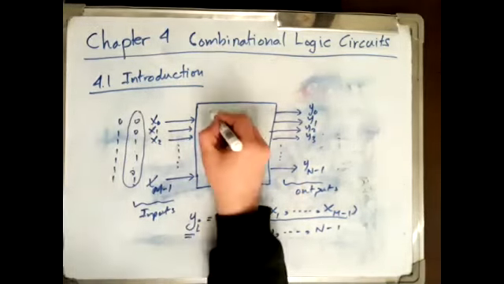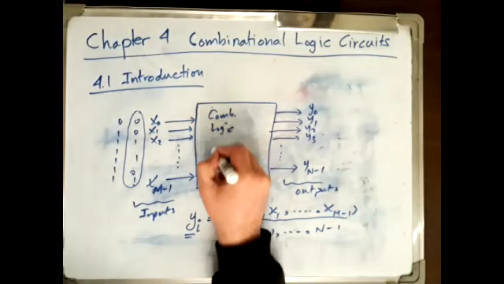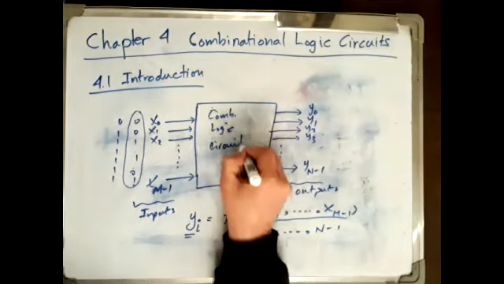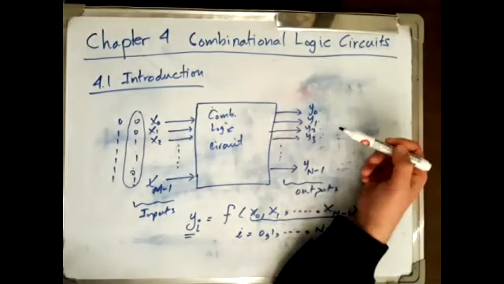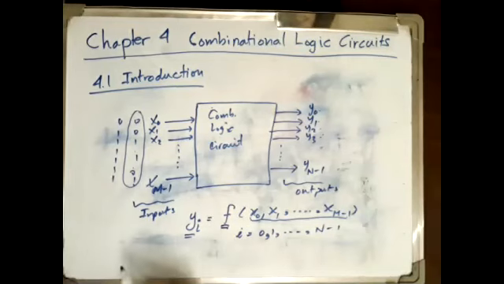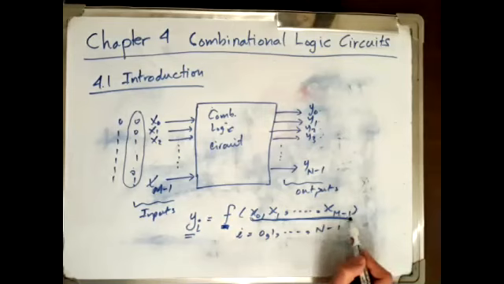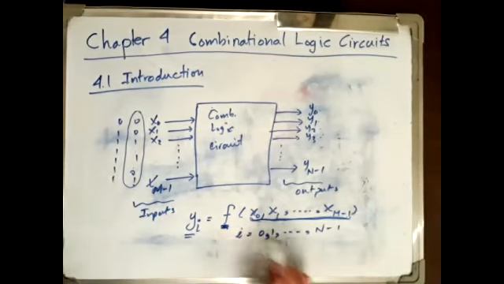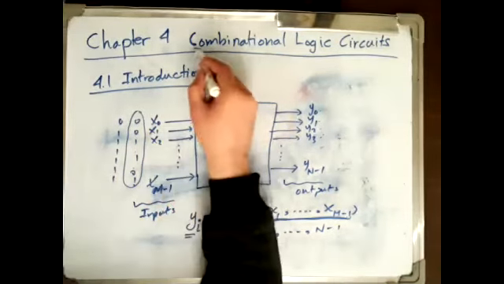That's why this digital system is called a combinational logic circuit, because any of these outputs, regardless of their number, is only a transformation of the input combination. So that's what is meant by combinational.